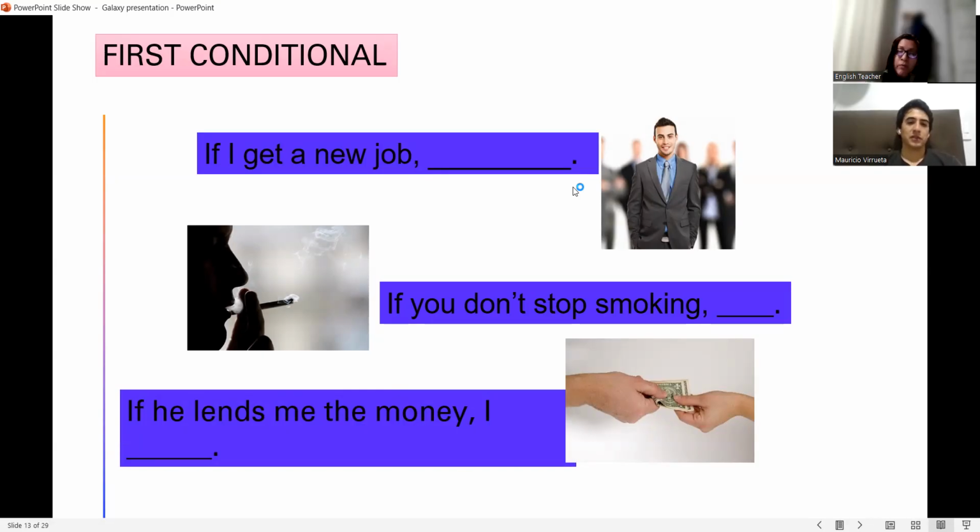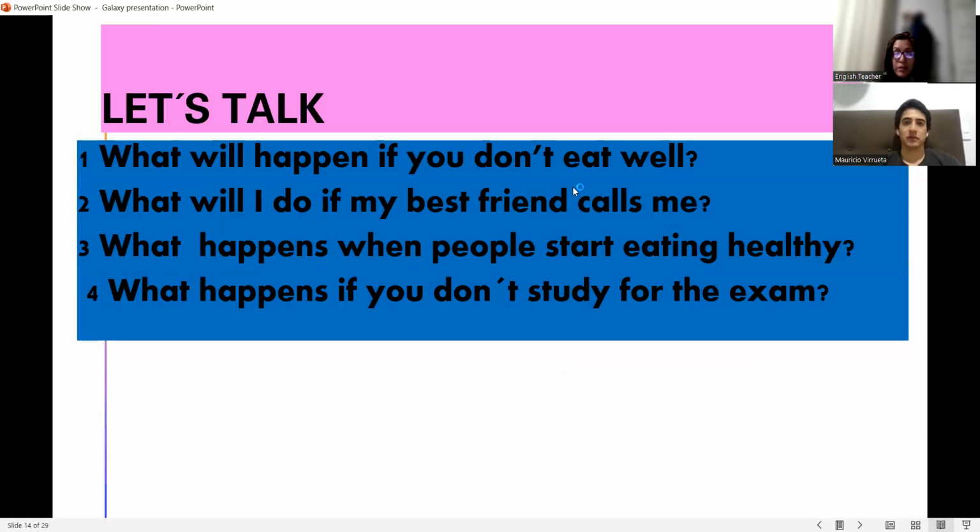If he lends me the money, I will buy some candies. So what will happen if you don't eat well? If I don't eat well, maybe I can get sick.